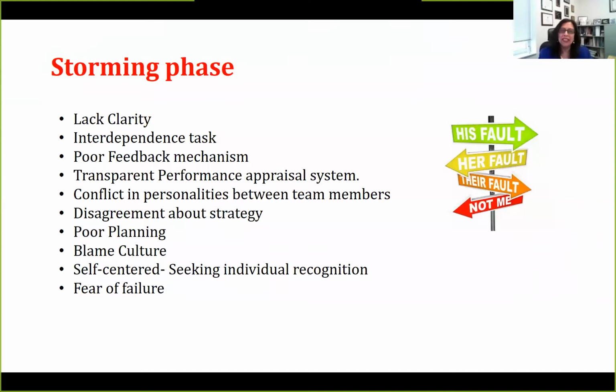It basically brings an awareness of my personal preference and the way I like to communicate, and also my awareness of the way my team members would like to communicate. Team building is not only about knowing what I like, but what others like is also important. So in the storming phase, once again, one has to really learn about these differences.